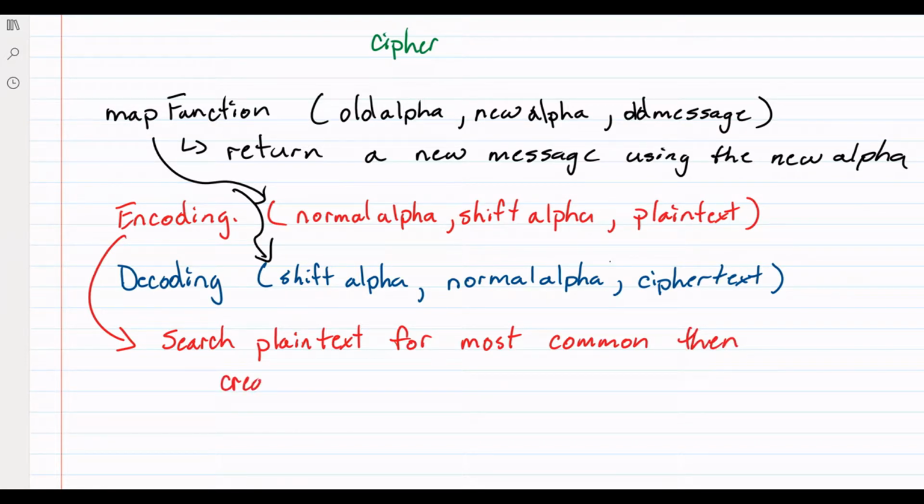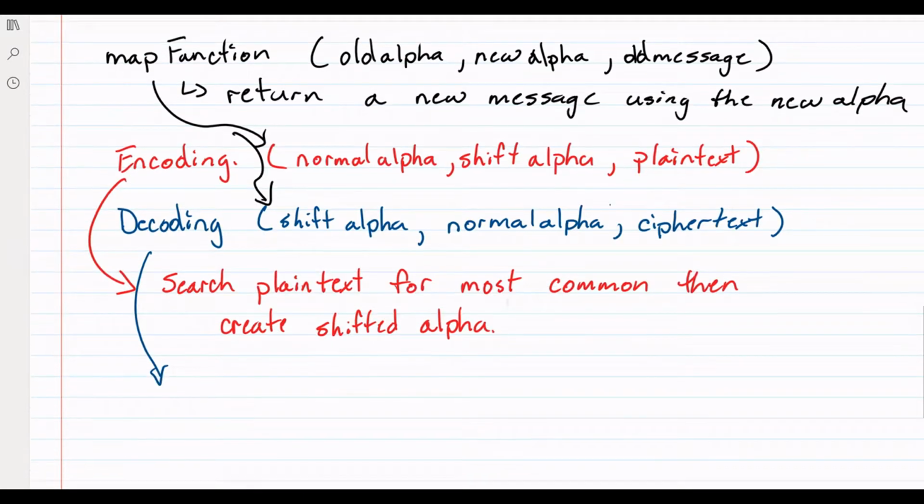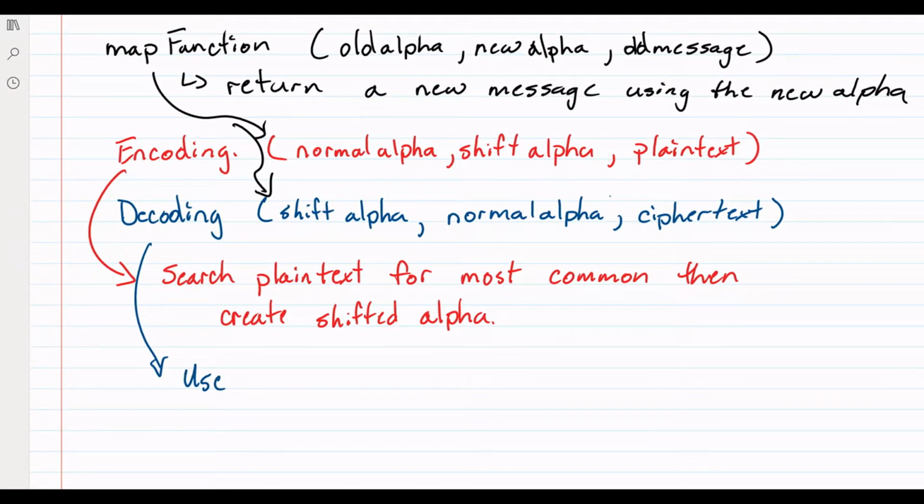Then create the shifted alpha. The decoding would use all possible shifted alphas. So we would just use a loop in our decoding algorithm to send in all the different possible shifted alphabets with a shift of 1, 2, 3, 4, 5, etc.